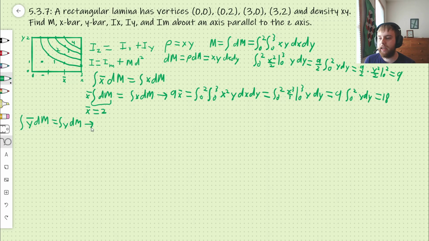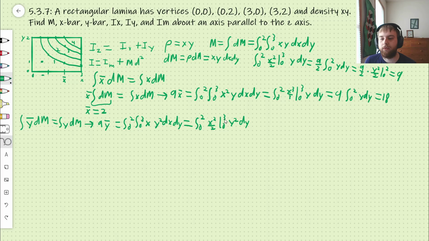Which means that M y-bar is equal to the integral from 0 to 2, 0 to 3, of x y squared dx dy. Doing the first integration like we did before, this gives us x squared over 2 from 0 to 3, y squared dy.